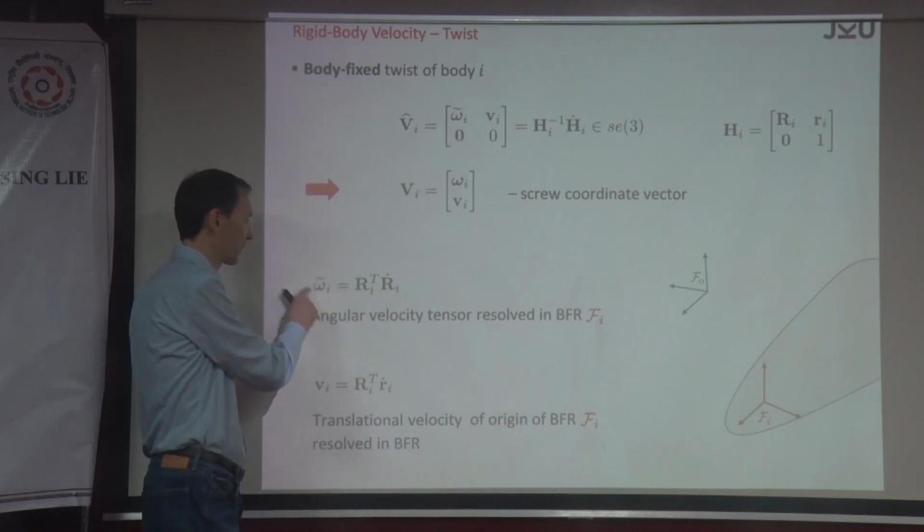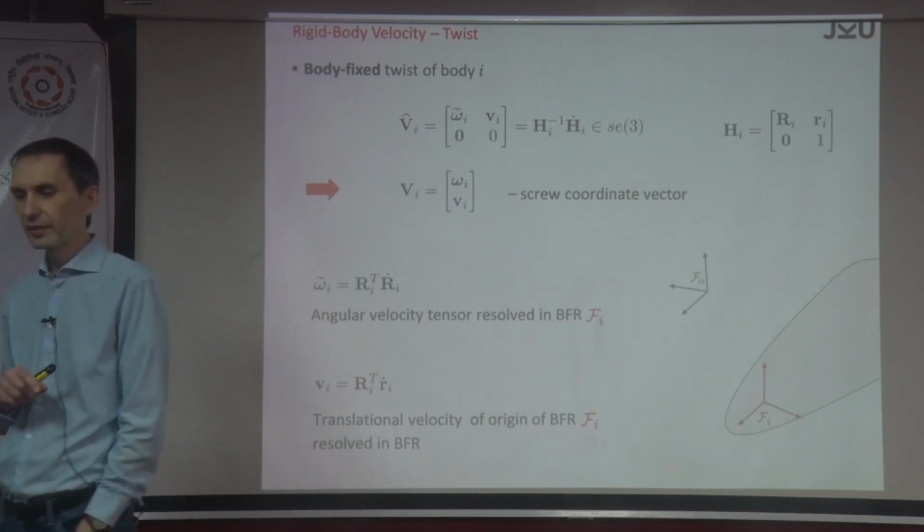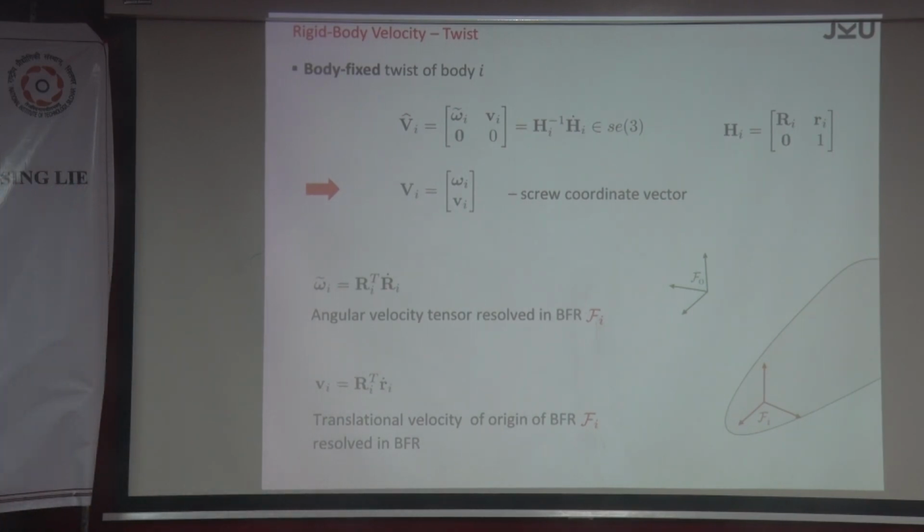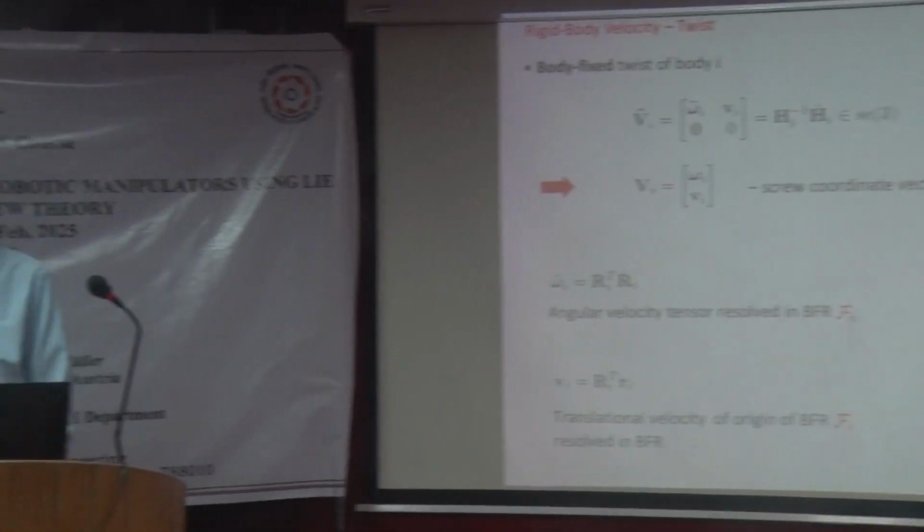Maybe start here. So how would you introduce an angular velocity? Angular velocity is introduced by looking at the time derivative of the rotation matrix. Does it make sense to you? To you, yes, but I guess other people from electrical engineering are not so familiar with this, right?